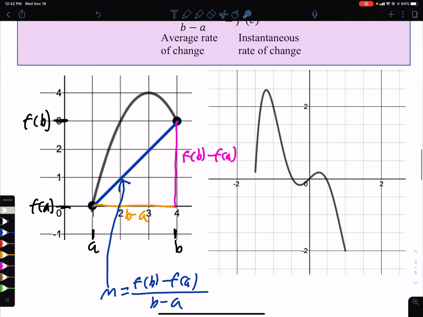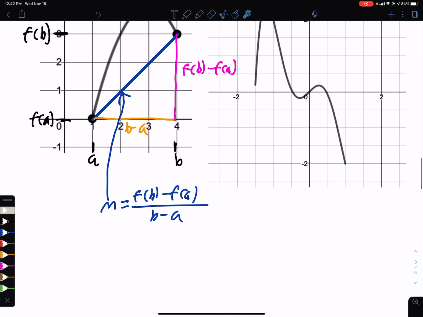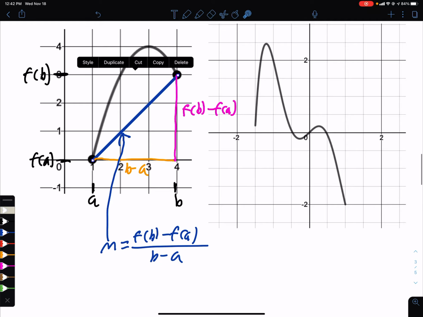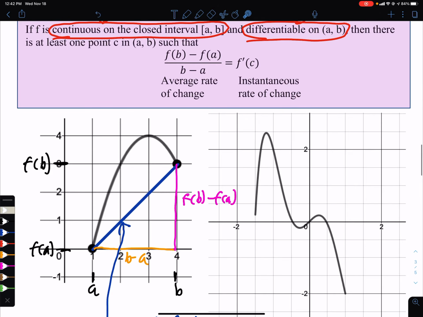So here's what I'm going to do. I'm going to take this line, I'm going to copy and paste it. Try it again. Copy and paste. It's not letting me do it. I don't know why. One more time. Third time's the charm. Ain't gonna happen.